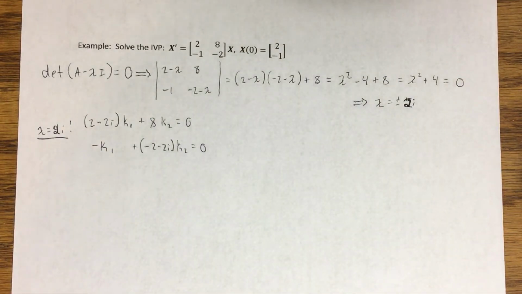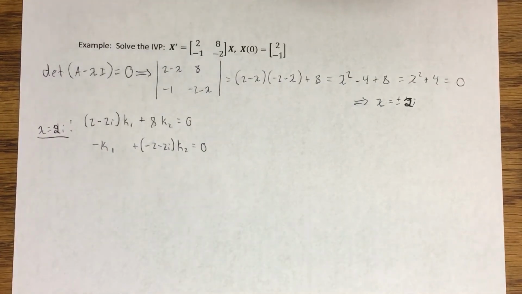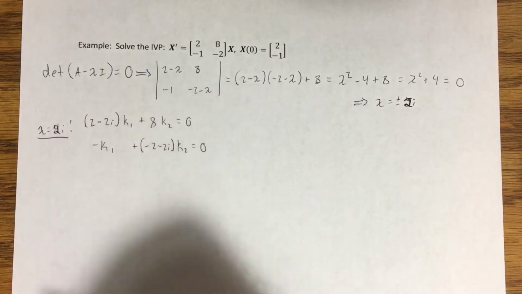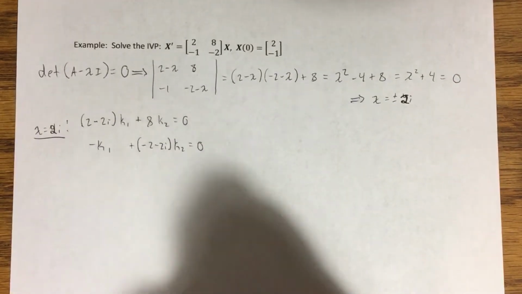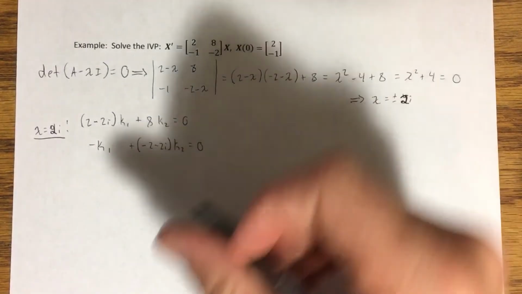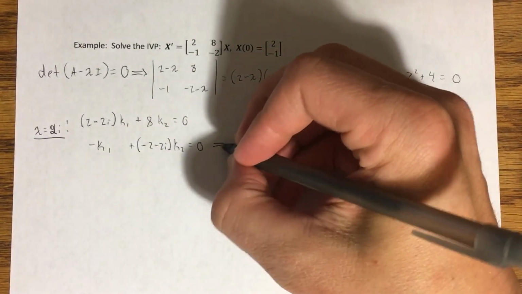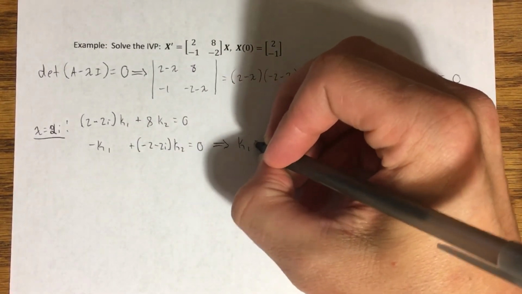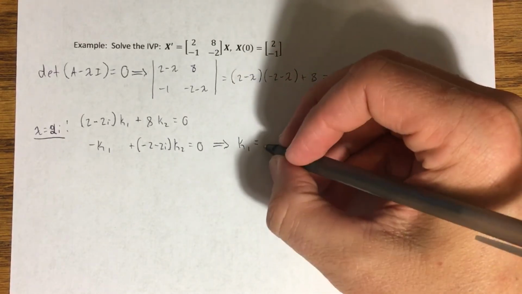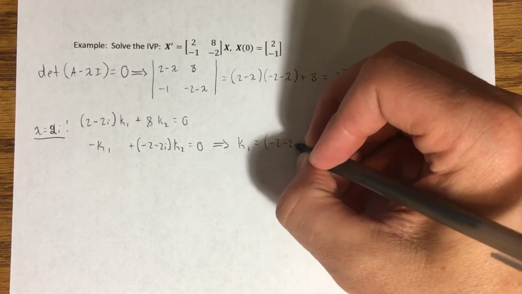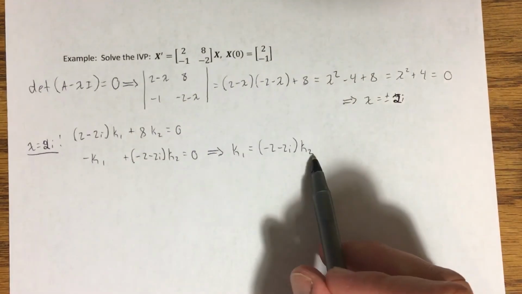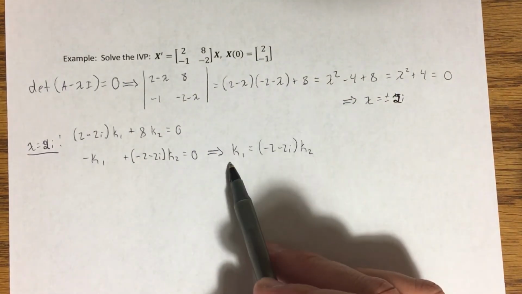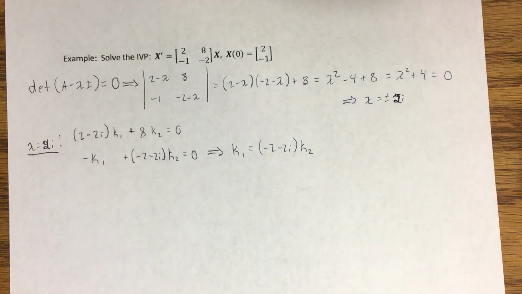You can show, as we've done before, that these two equations are equivalent and we can just solve one of them. I'm going to use the second equation since that's the simpler of the two. If I add k1 to both sides, notice this says that k1 is equal to negative 2 minus 2i times k2. So we can pick a value for k2 and then find a corresponding value for k1 to come up with our eigenvector.